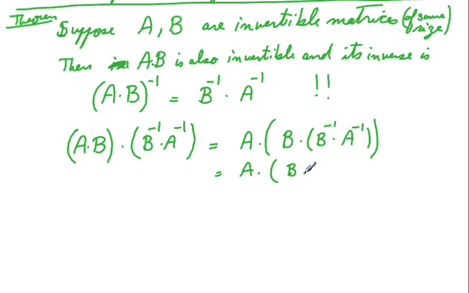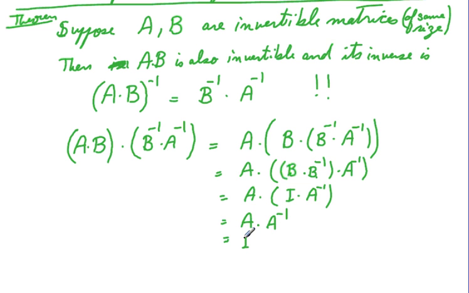That multiplies B and B inverse first, then multiply with A inverse. Now what is B times B inverse? That is just identity. Identity times anything is just that thing. And what is A times A inverse? Just identity.